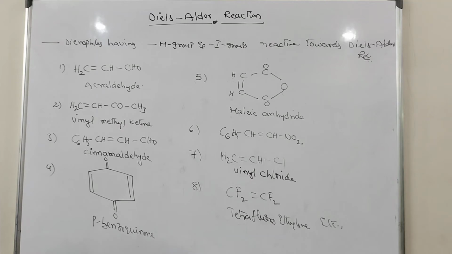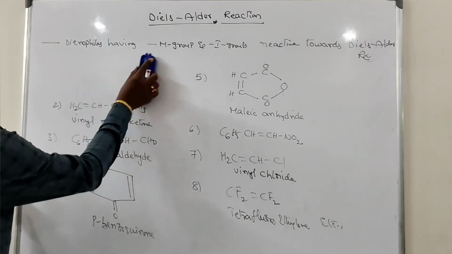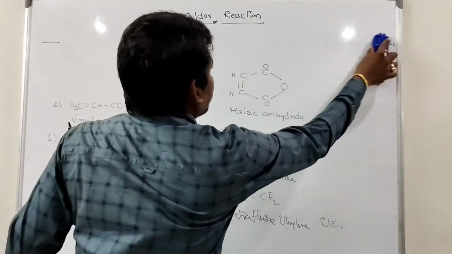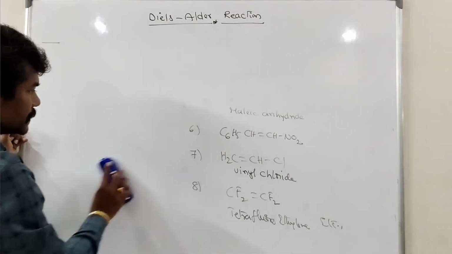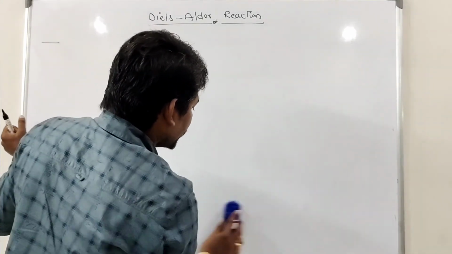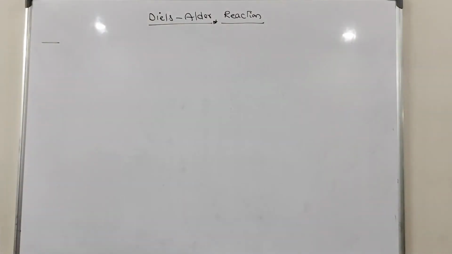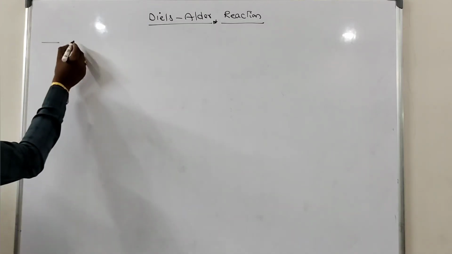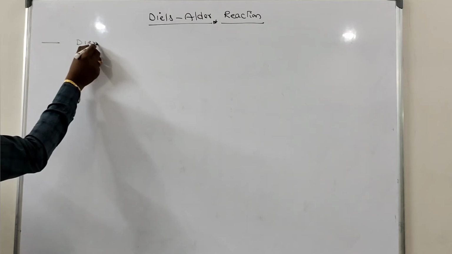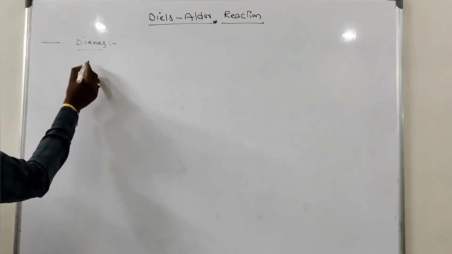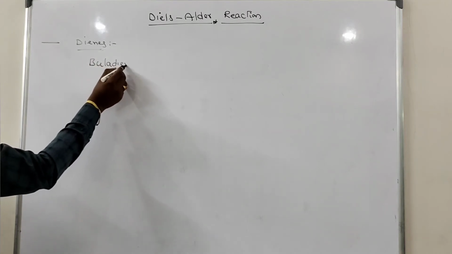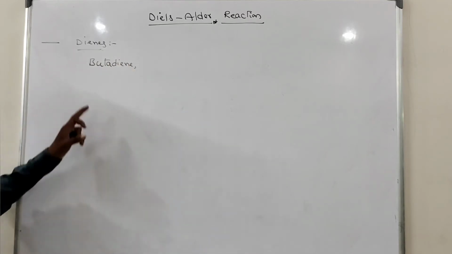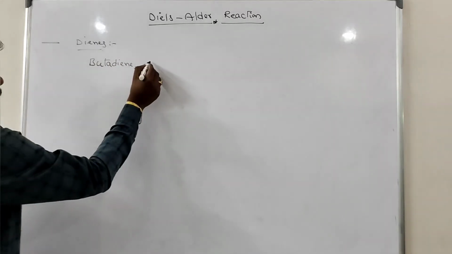Next, the dienes. Dienes may be conjugated dienes, such as butadiene and cyclopentadiene.